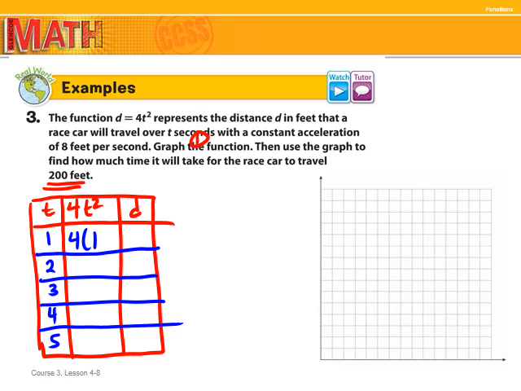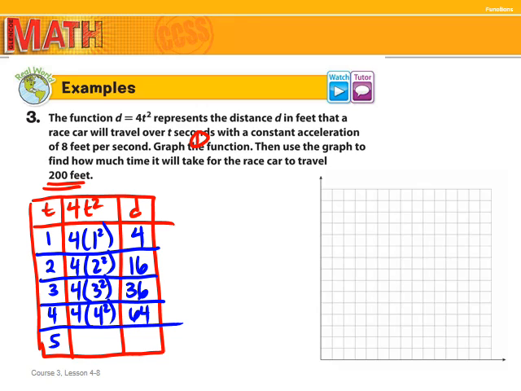We'll start with 4 times 1 squared. 1 squared is 1, so 4 times 1 is 4. 4 times 2 squared. 2 squared is 4, so 4 times 4 is 16. 4 times 3 squared. 3 squared is 9, 9 times 4 is 36. 4 times 4 squared. 4 squared is 16, 16 times 4 is 64.